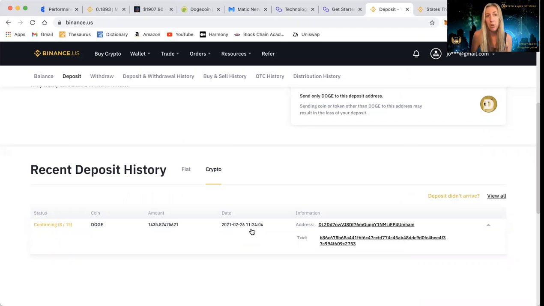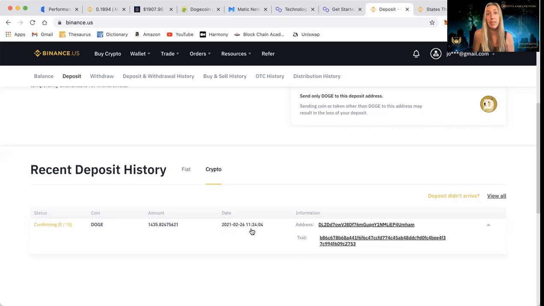And then now going through this process of confirming, of having consensus for the deposit to occur, we're at 11:39. So far this has taken almost 20 minutes to be able to receive this.